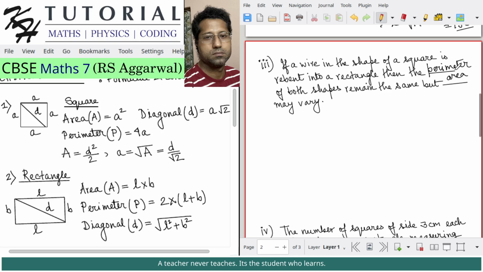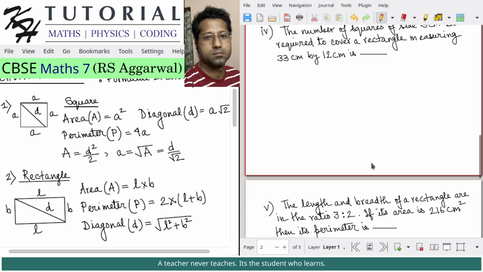If it is rebended into another shape, the perimeter of both the shapes will always be the same, but the area may vary. Okay. So there was no need of any calculation. This was basically a conceptual problem on perimeter and area.